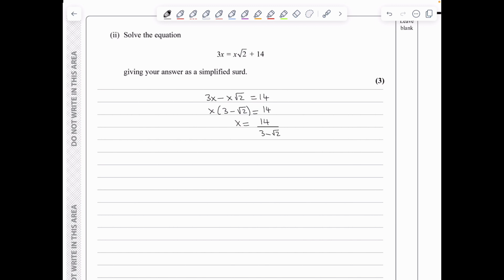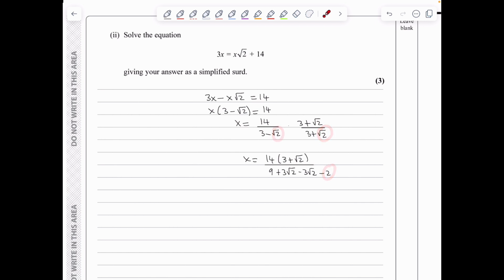I will need to rationalize the denominator, so I will multiply by 3 plus root 2 over 3 plus root 2, which means that x is 14 brackets 3 plus root 2, and I will expand the denominators here. So 3 times 3 is 9, 3 times root 2 is 3 root 2, so we've got plus 3 root 2 minus 3 root 2 minus 2, because the root 2 times root 2 gives me 2.